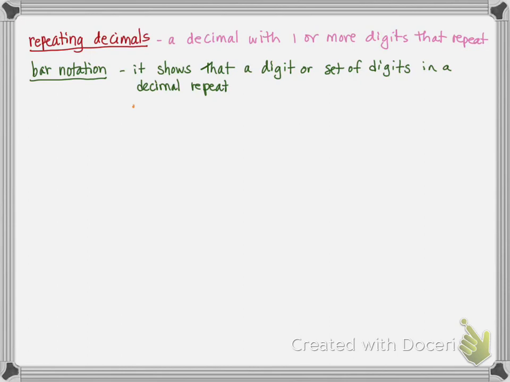With bar notation, we're going to write the digit or digits that repeat. By the way, what's really weird is sometimes the number that repeats isn't the first digit that comes after a decimal point. And by the way, whole numbers never repeat. I mean whole numbers, like before the decimal point.